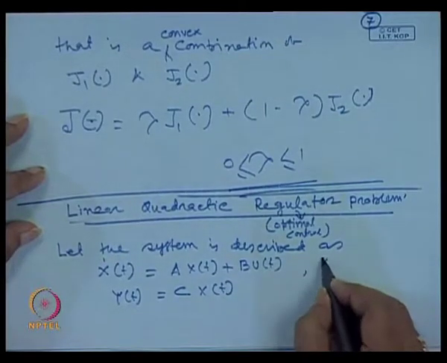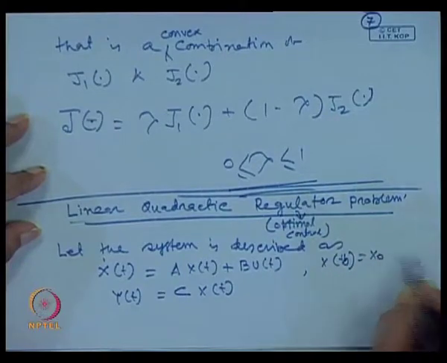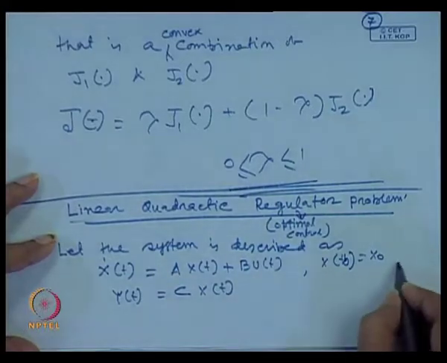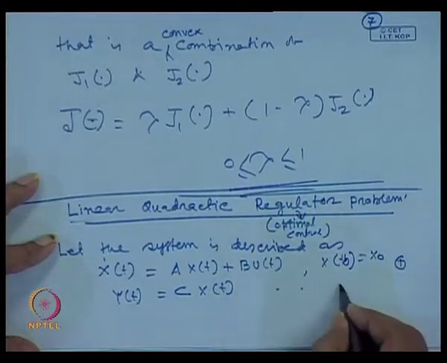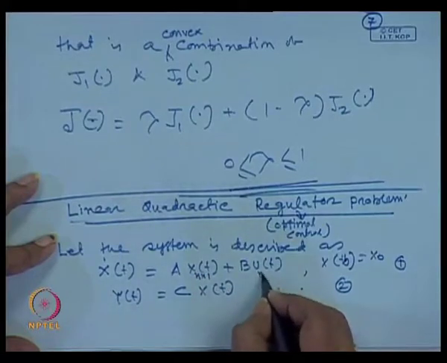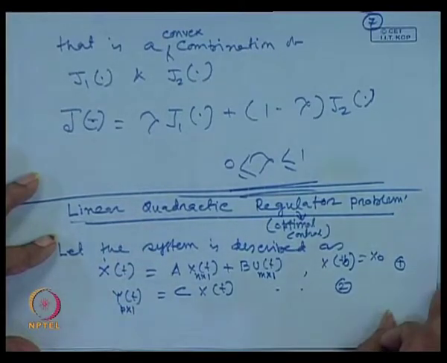Agree? And this is the initial state, x(t0) = x0, given to you. This is equation number 1, this is equation number 2, and the dimension of x is n cross 1, the input is m cross 1 and the output is p cross 1, p outputs are there.